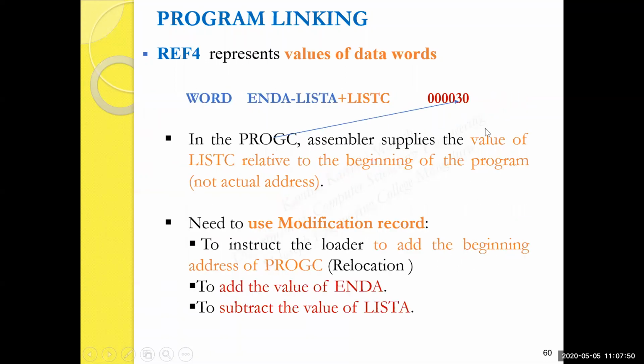While in program C, 2 modification records indicate linking, that is, the value of NA and list A to be substituted, while 1 modification record indicates the starting address for program C to be added at the location, indicating relocation. So this is an example of relocation as well as linking in program C.